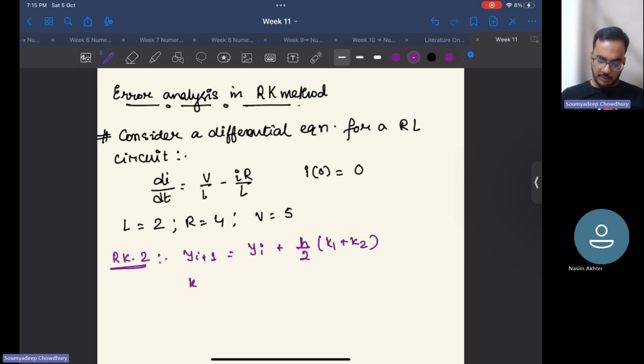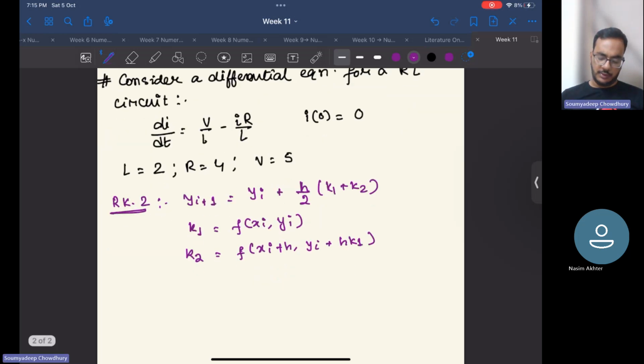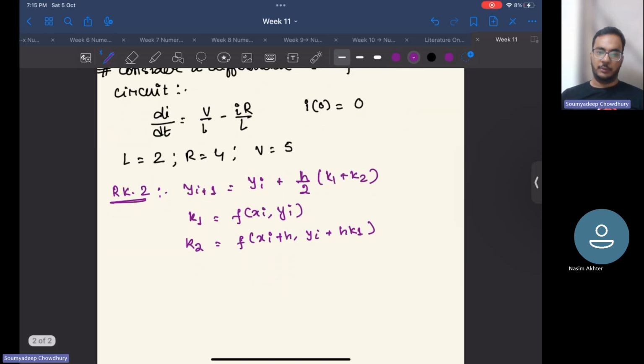What is k1? k1 is the slope of the function at (xi, yi), and k2 is the slope of the function at (xi + h, yi + h k1). So these three equations you need to remember for your RK2. Okay. So first we will solve it analytically. No RK2, RK4, nothing. Just we'll solve it analytically.